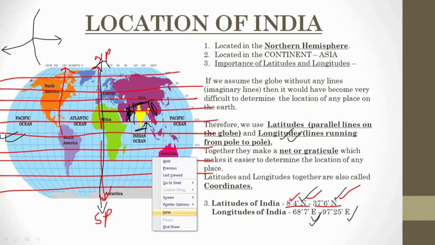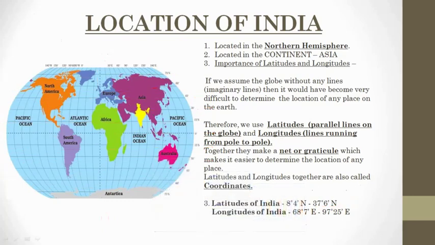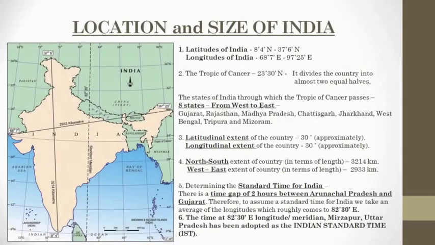Now let us move to the map of India in order to understand it more precisely. Assume this is your 0 degree longitude and we are moving eastwards. When we move from London towards India, definitely we are moving eastwards.